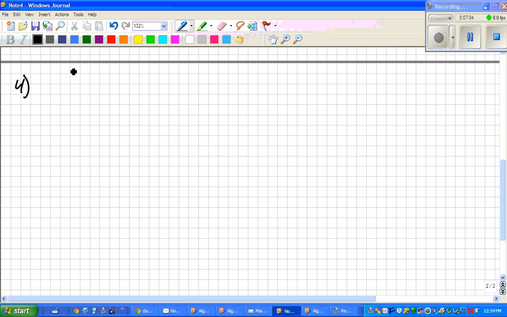Number 4. We have m squared minus 6m minus 72. So, is there a GCF? Like the last one that I forgot. No. Okay, so we need to multiply.